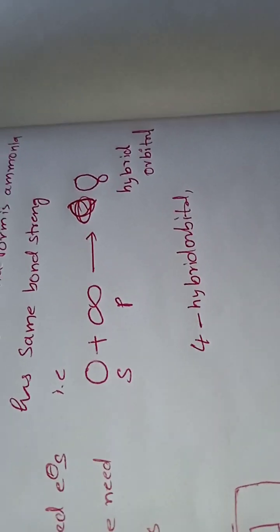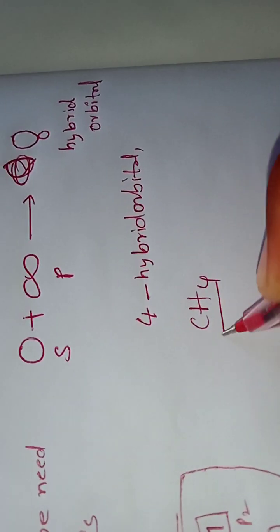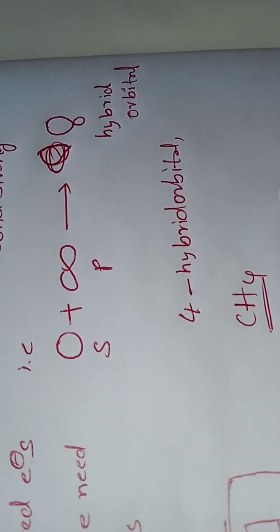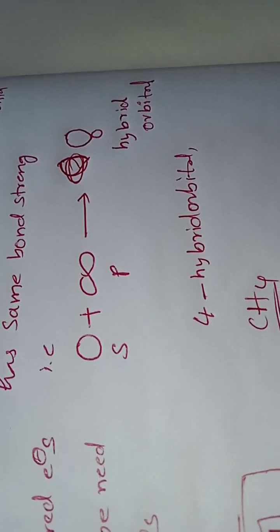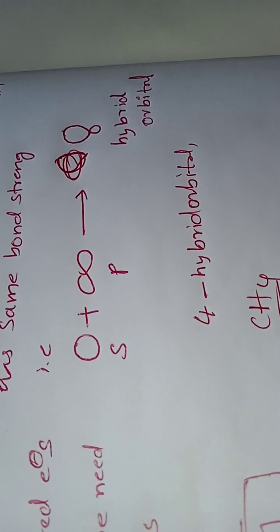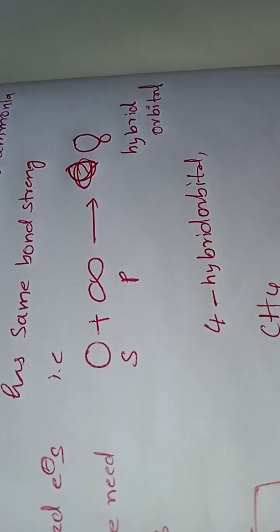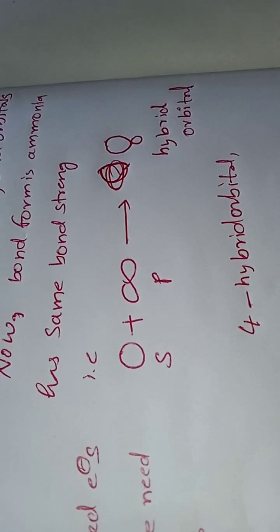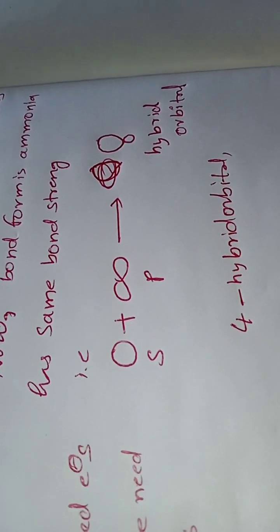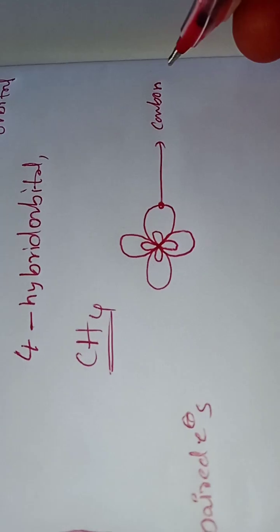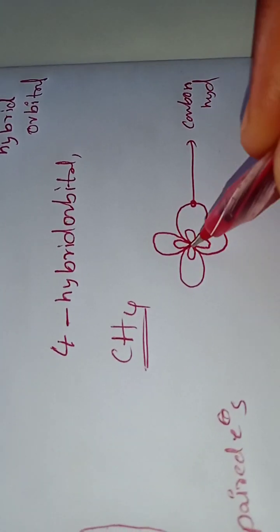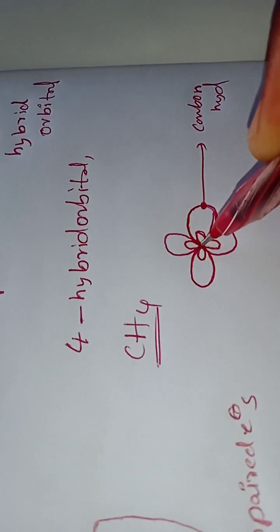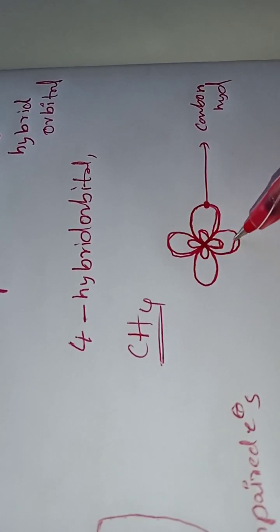Now how the bonds form in CH4: one hybrid orbital of the excited carbon overlaps with the hydrogen, and so do the other hybrid orbitals.